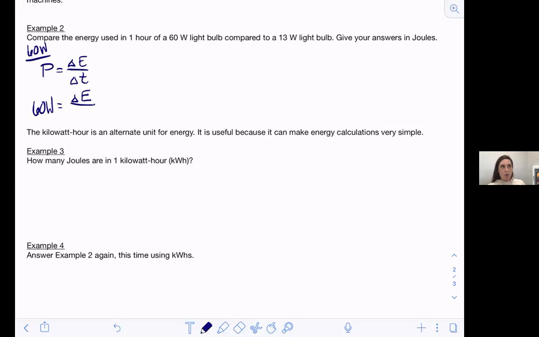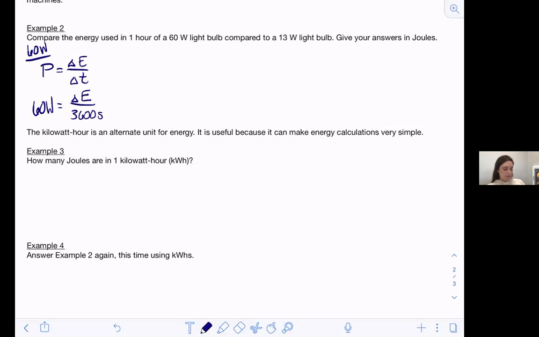And then 1 hour, I don't want to put in 1 hour because hour is not the base unit for time. Instead, I need to use seconds. So 1 hour, I believe, is 3,600 seconds.